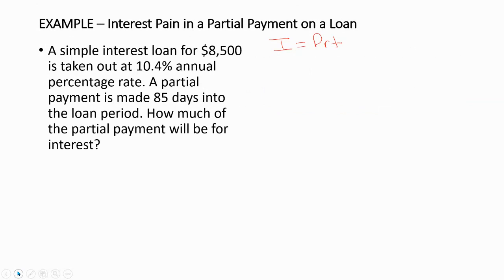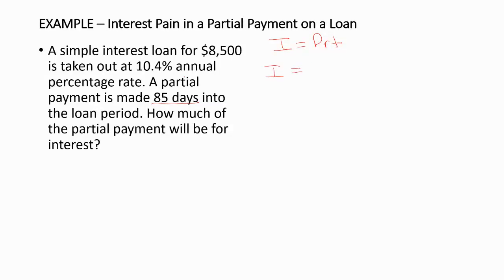So the first thing that we want to do is just exactly where we were going. We want to calculate the simple interest on this partial payment that's made, in this case, 85 days into the loan period. So how much of it would be interest? Okay.